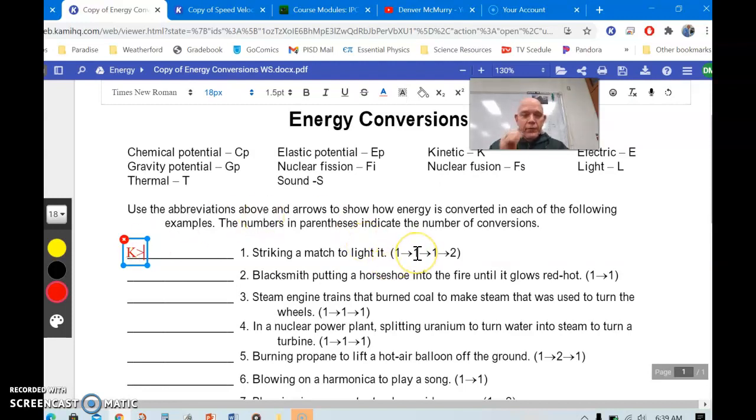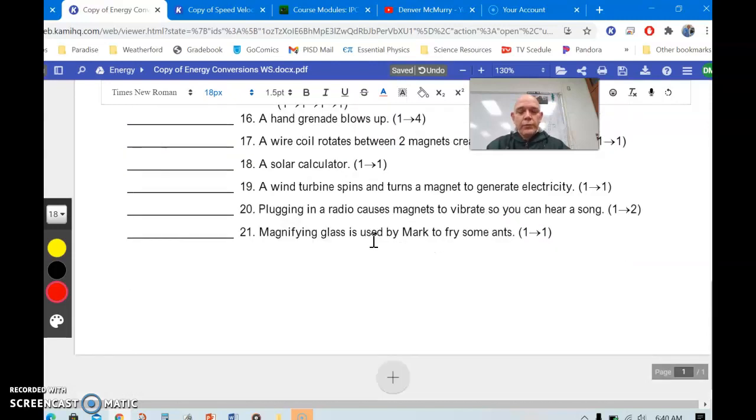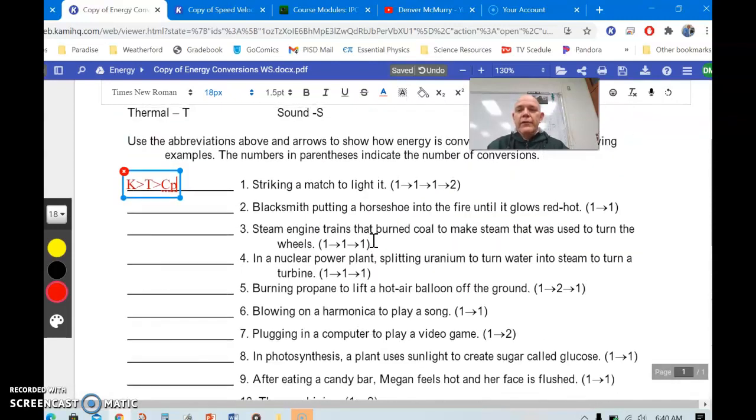It turns into, as you rub it along, it creates friction or heat, which is thermal, the next one. And then that heat causes the chemicals on the end to catch on fire, so that would be chemical potential.